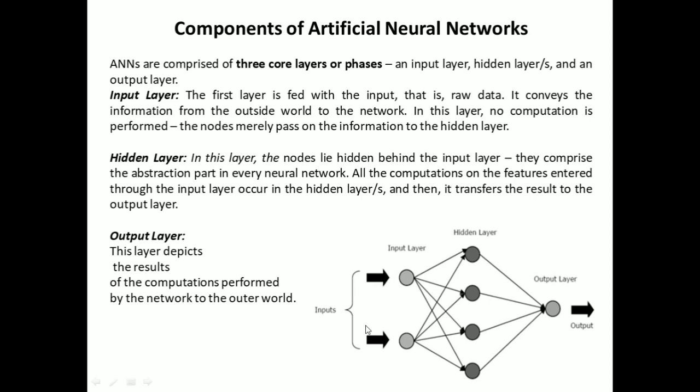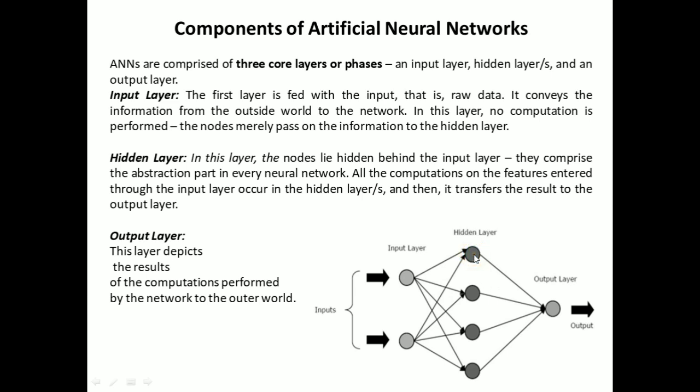It conveys the information from the outside world to the network, passing it from this first layer to the next hidden layer. Do remember that in the input layer, no computation is performed. The nodes merely pass the information to the hidden layer.